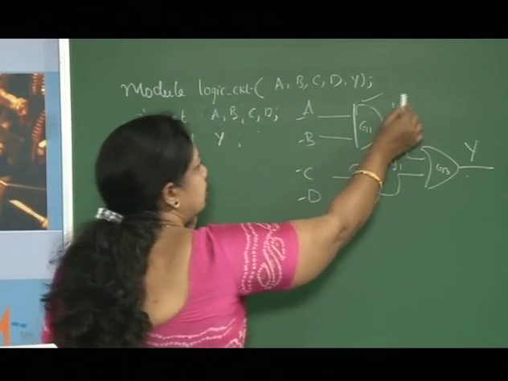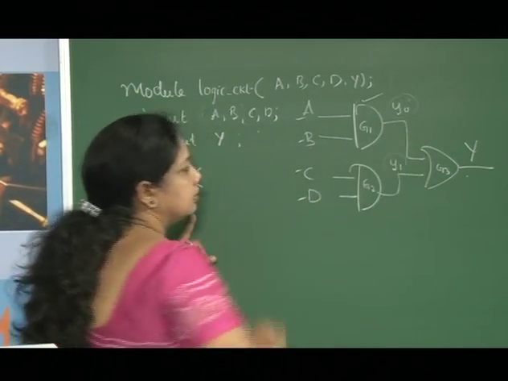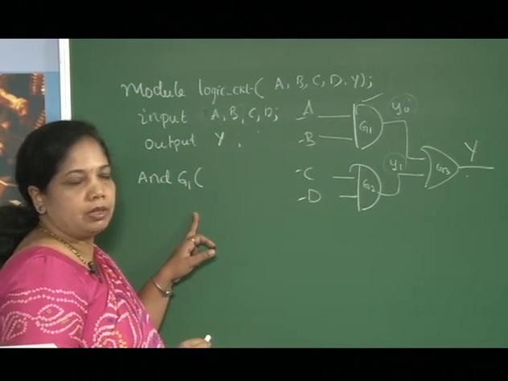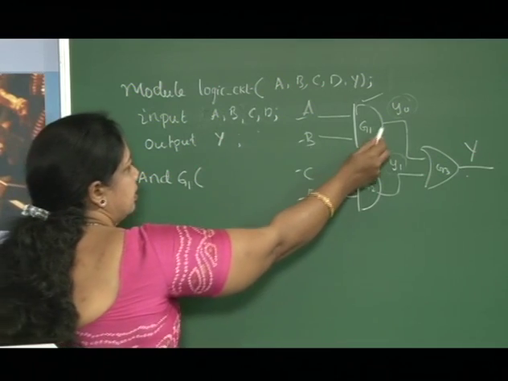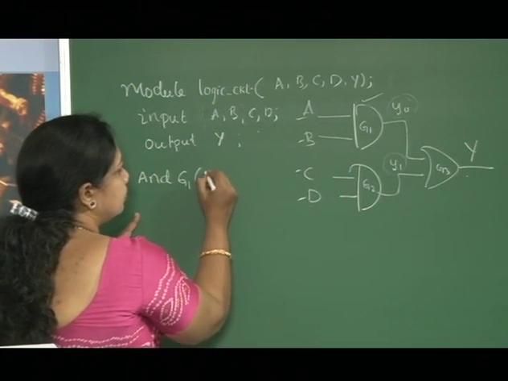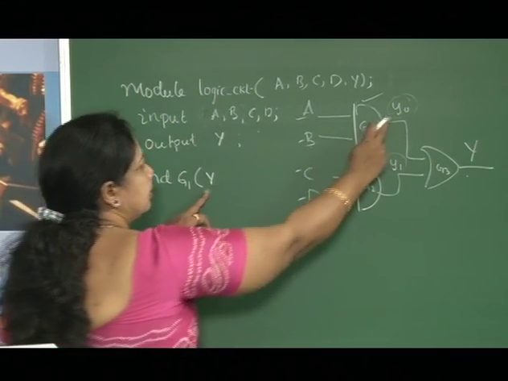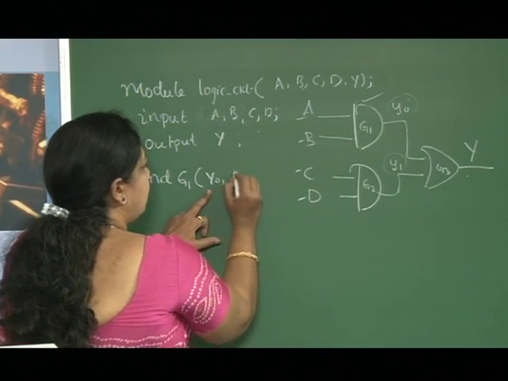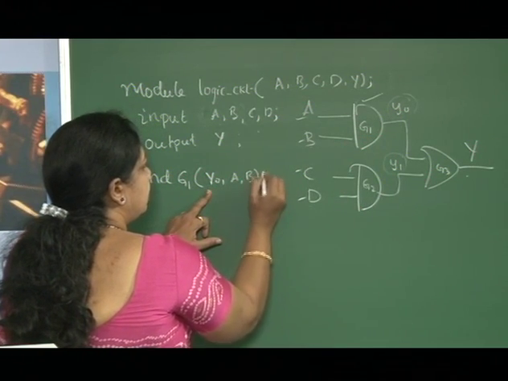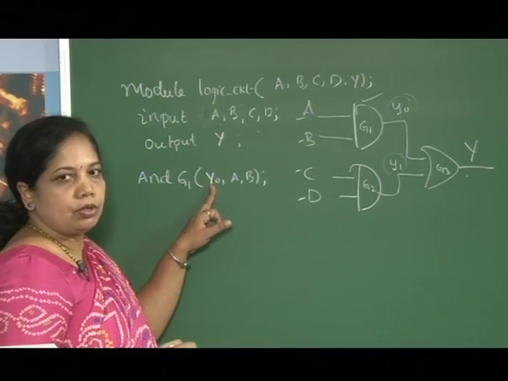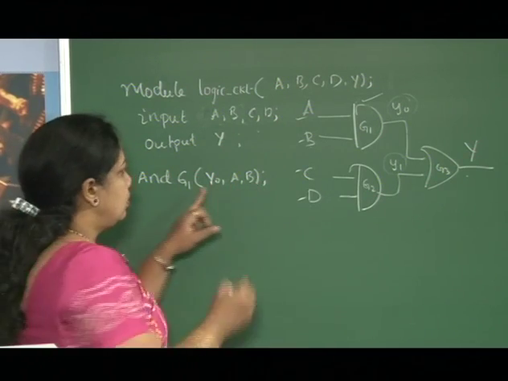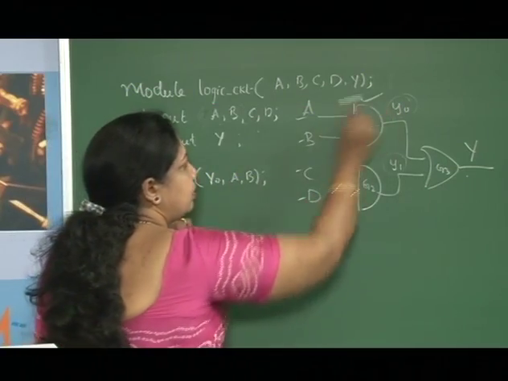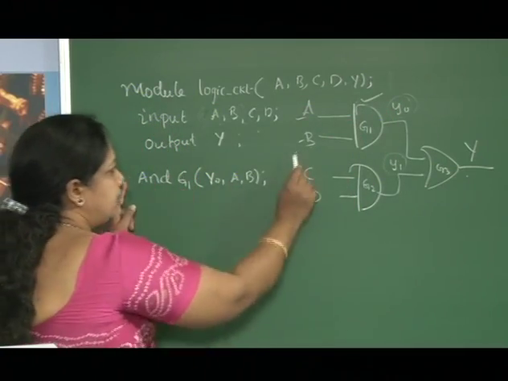This will be your temporary variable. To define this gate, I now write the output comma A comma B. Always the first parameter should be your output followed by inputs. So this is with respect to gate 1. Now the first gate is created.